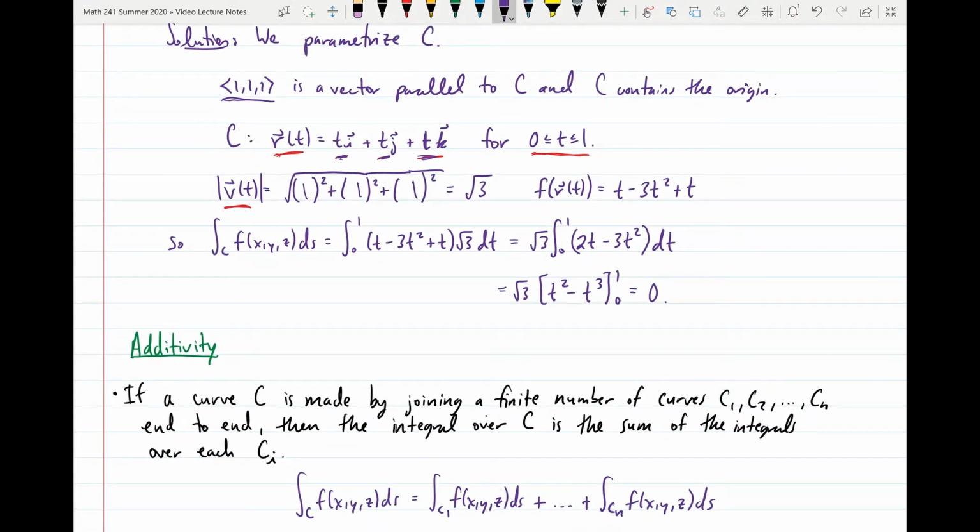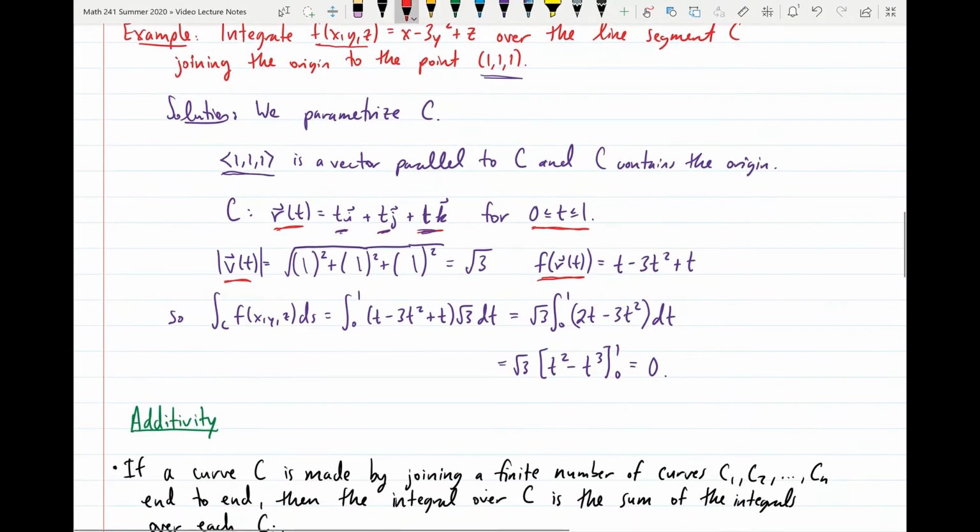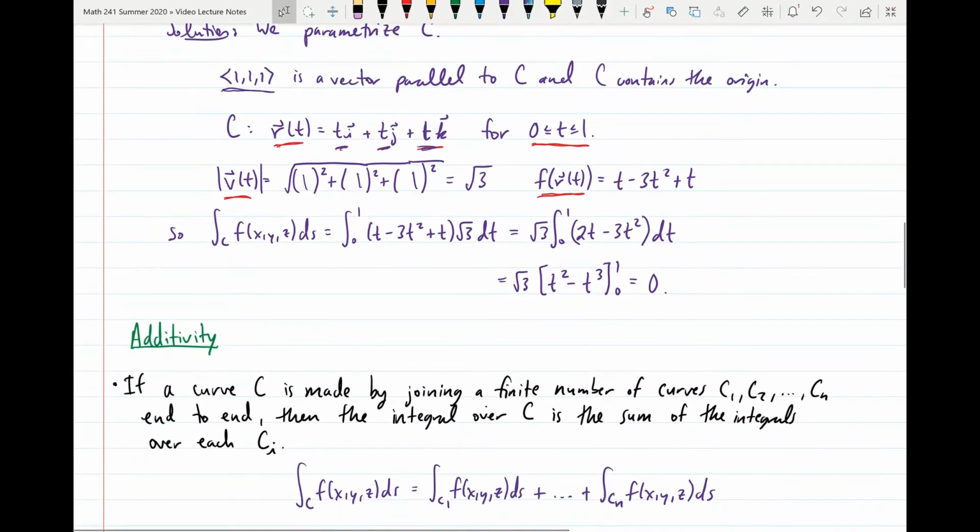Also, if we look at f of r of t here, so we take each of these component functions and plug them in respectively to x, y, and z in our function up here, then we get t minus 3t squared plus t. And at this point, we're ready to write down the equation for the integral.